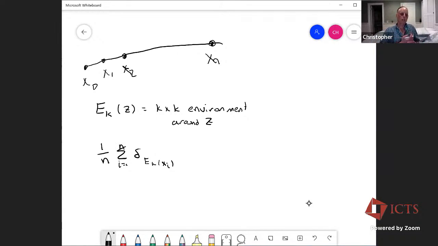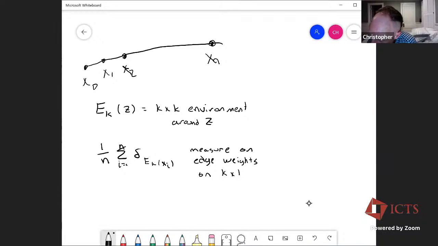So this is a measure on edge weights on the k by k grid.